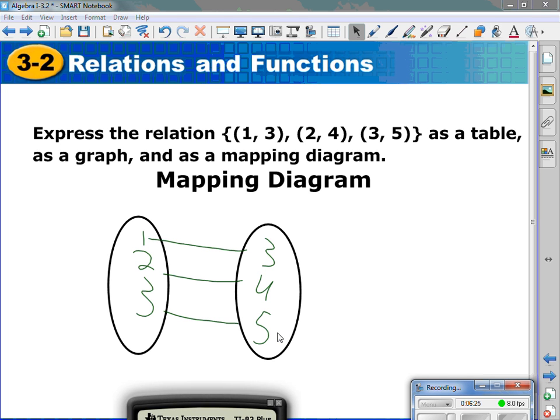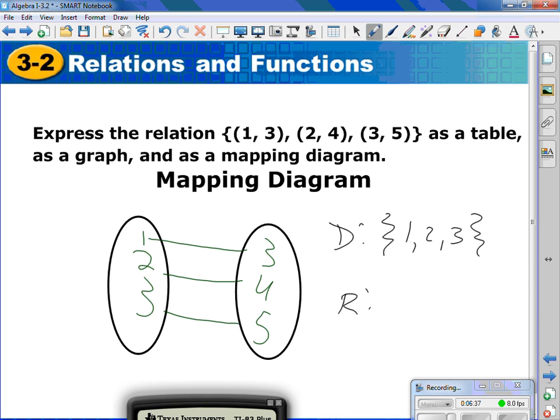So if I were to ask what the domain and range is, the domain, you can just put a D. The domain is 1, 2, 3. The range would be 3, 4, 5. It does not matter about order, but usually we put them from least to greatest. It makes it a lot easier.